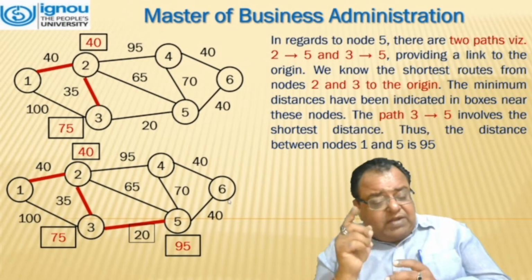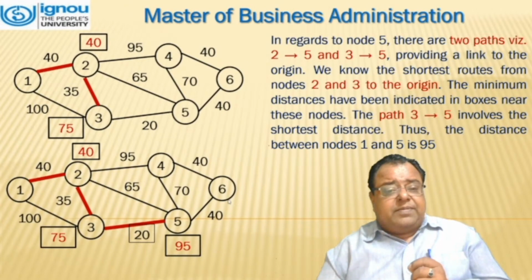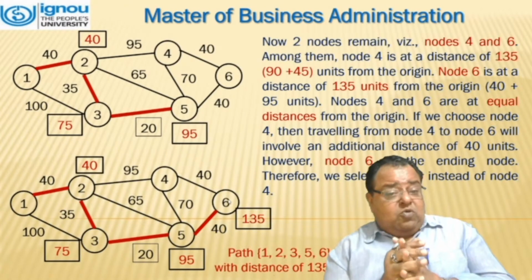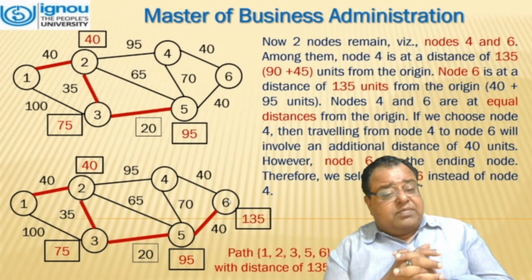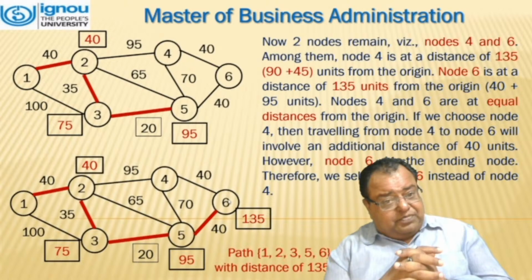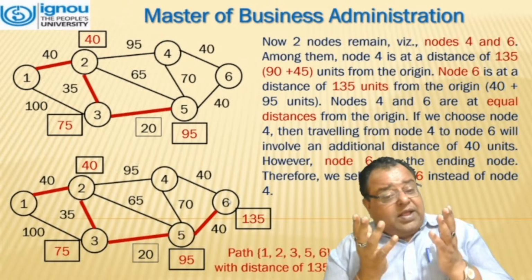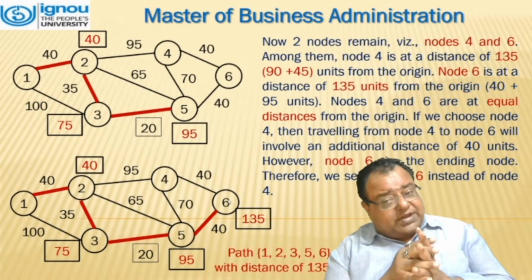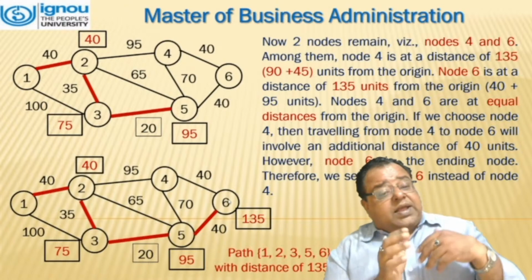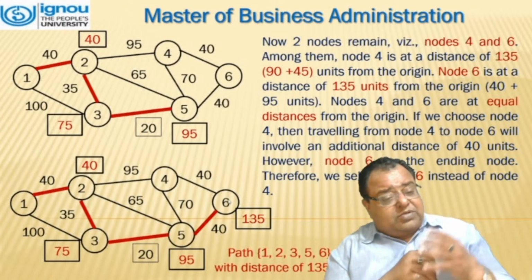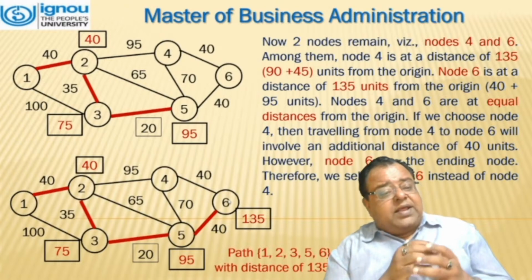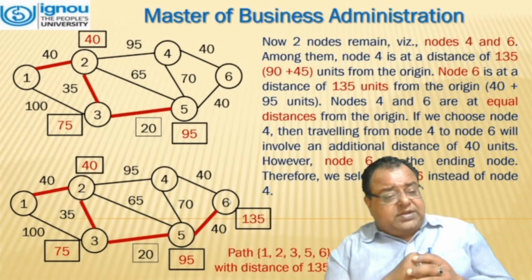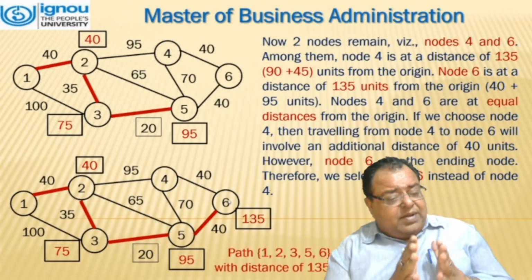Now we move to 6. When we move to 6, we can see there are two paths, and these numbers are the same. But confusion arises: why have we left 4 to 6 and are considering 5 to 6? The numbers are the same, but if we go back to the initial part, we find that the earlier stations had the maximum units.